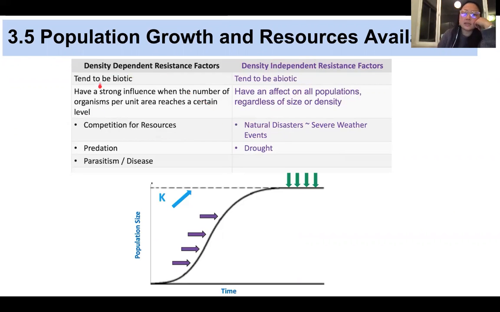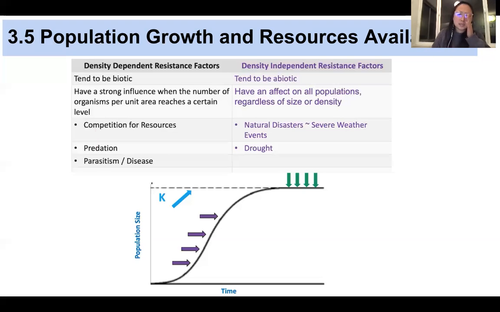Now, density dependent factors usually have to do with what's happening within the population. For example, the plants have been eaten too much, and now there's a lot of competition between the ducks to find plants to eat, right? Or maybe coyotes were introduced into the ecosystem, and that really influences the duck population because the ducks are all of a sudden being eaten by the coyote.